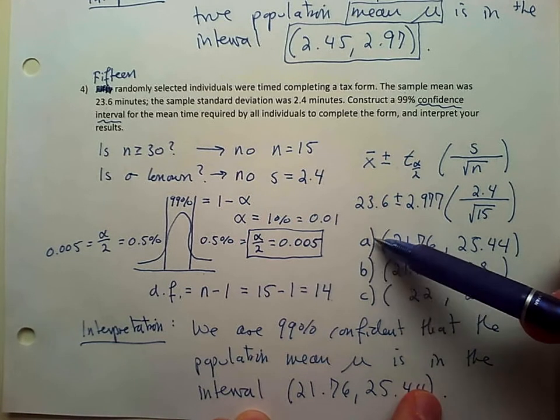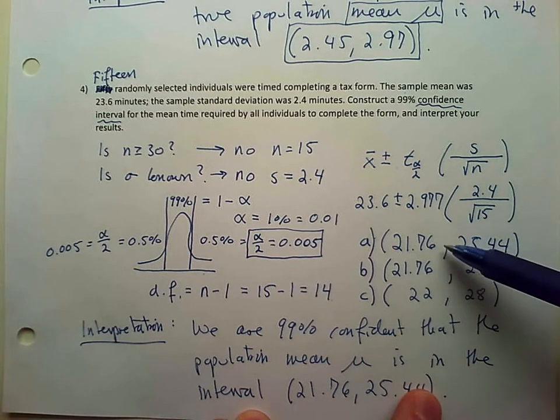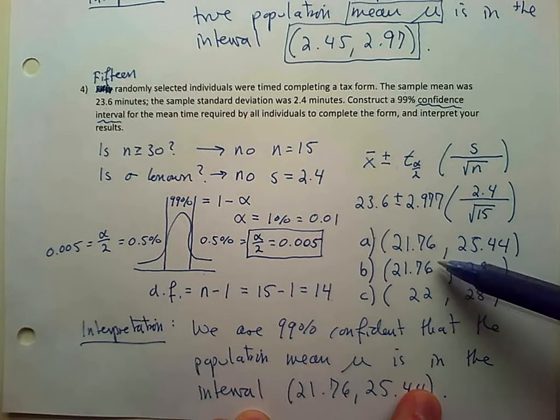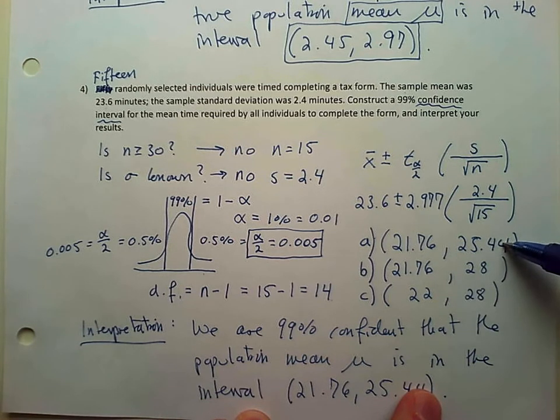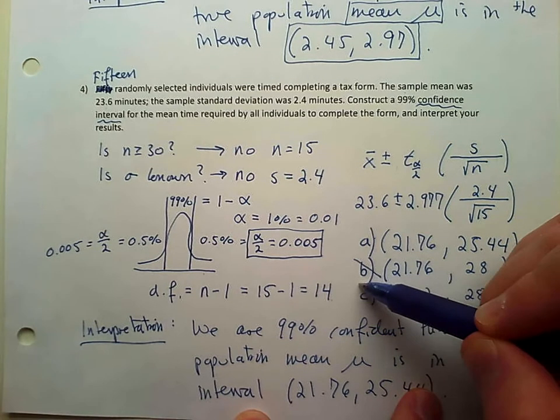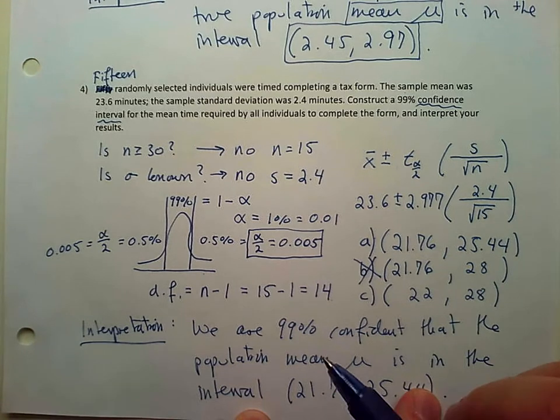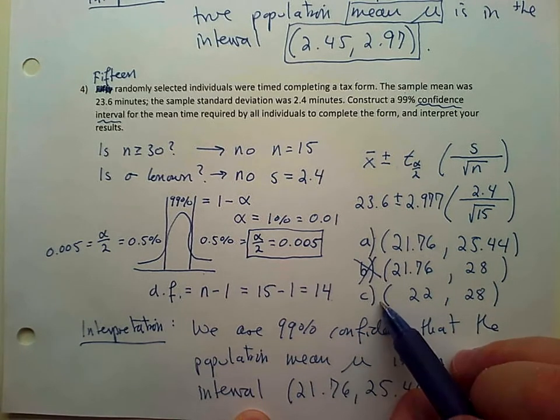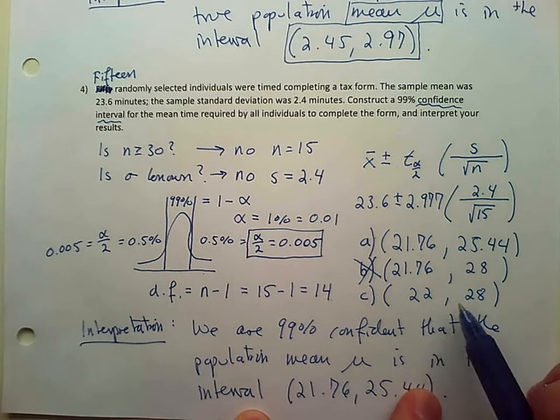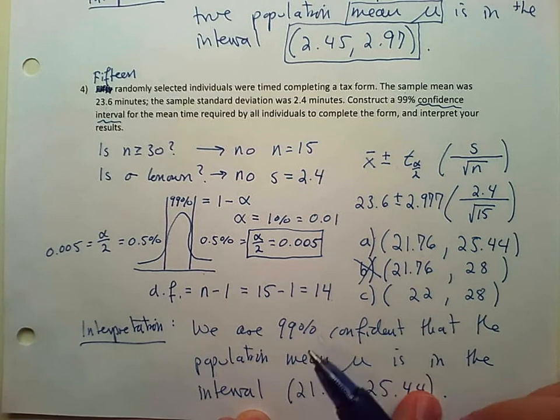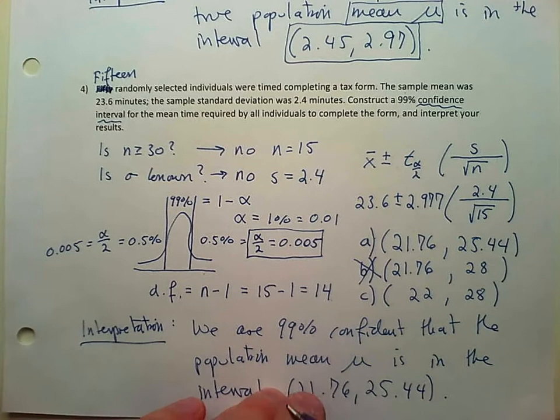You will never see two answer choices where one number is correct for both of them and the other has an incorrect number. You will never see something like B. You will only see answer choices like C, where both of the numbers are incorrect. This is something that's been true for the last couple of years on the Common Final Exam.